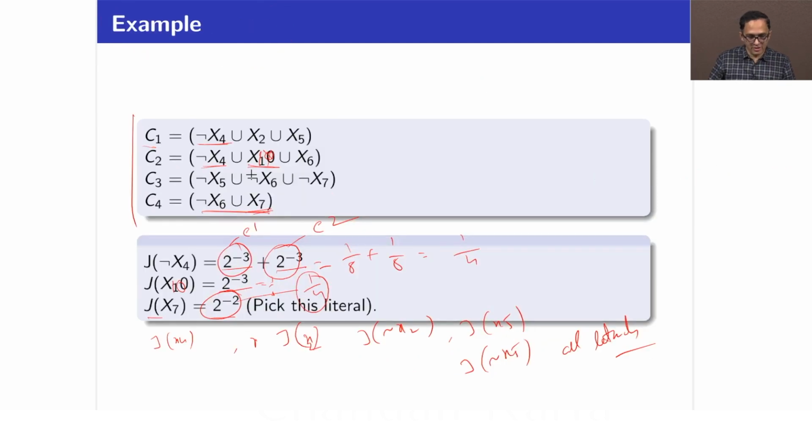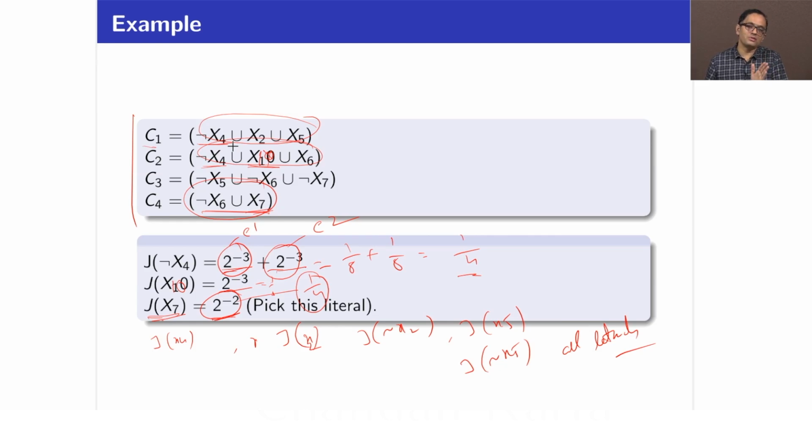For example, you see here this occurs in 2 clauses, and only then its score becomes 1 by 4, and x7 occurs in one clause, still it becomes 1 by 4, because it occurs in a smaller clause of 2 literals, and not x4 occurs in 2 clauses of size 3. So, it not only picks the literal that occurs more frequently, but also one that occurs in a smaller clause. And why is the smaller clause better?